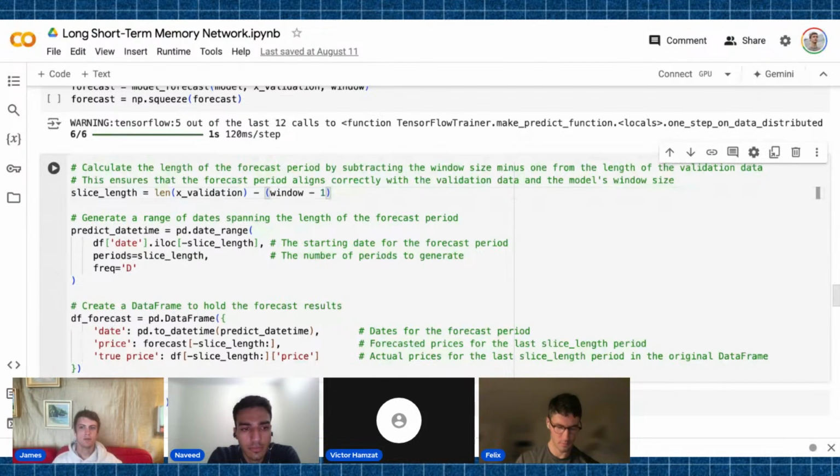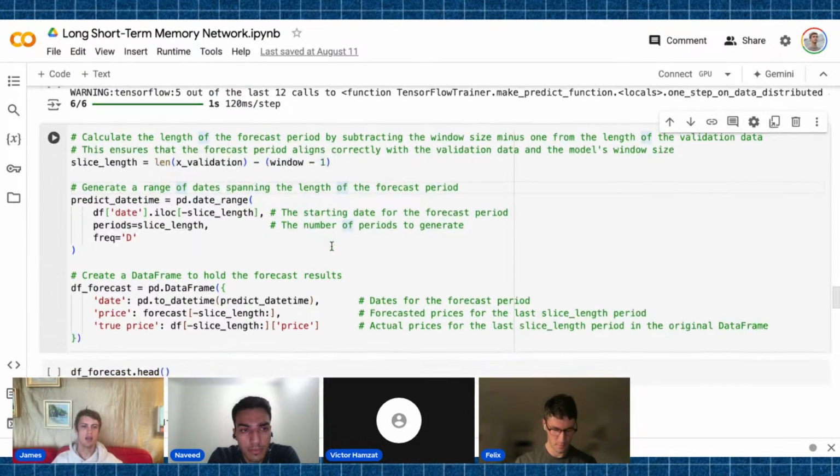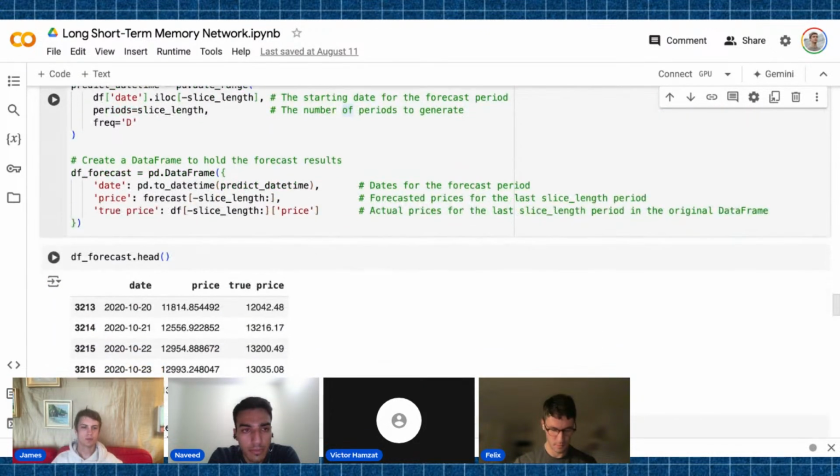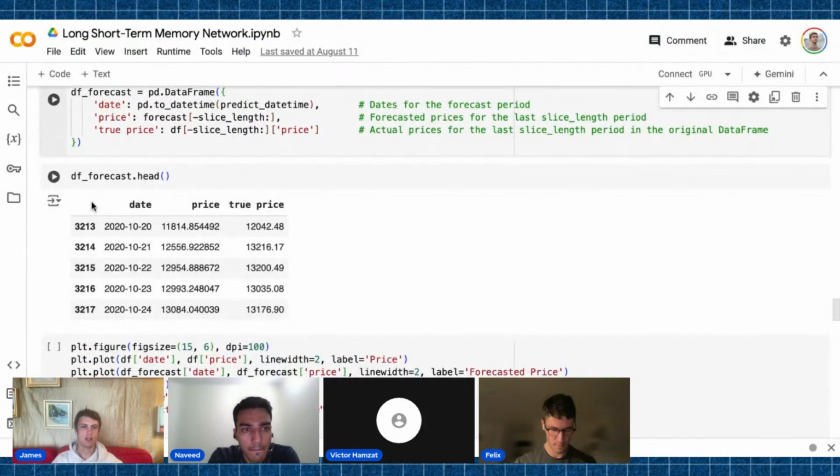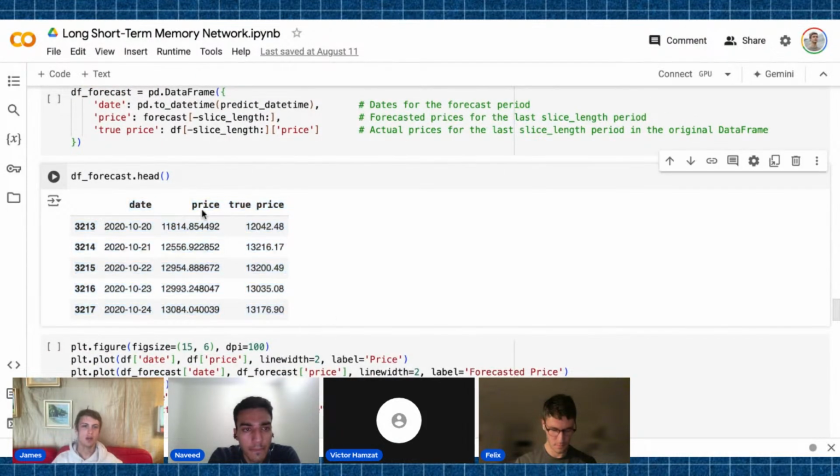Because of the size of the window, the number of values that we end up predicting is a little bit more than the values we have in the actual data set. That just ends up being 6 more, so we adjust that. And then here we have the final data set with the true and the predicted price.